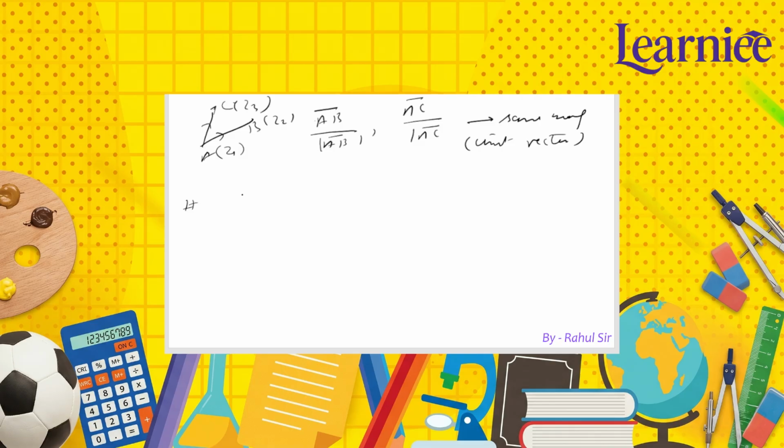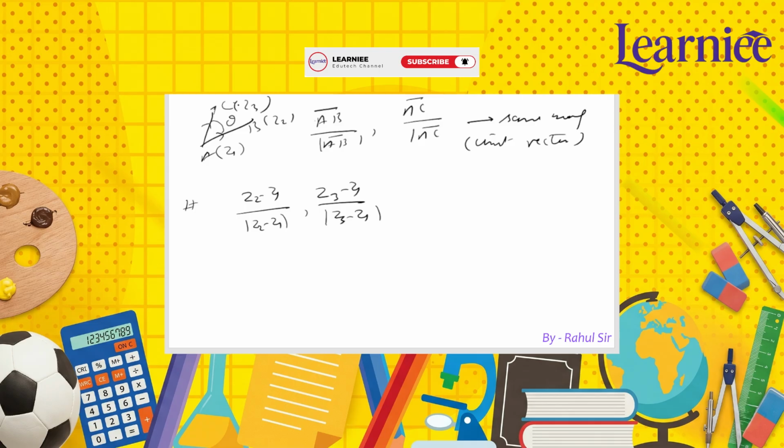If I say z2 minus z1 upon modulus of z2 minus z1, and z3 minus z1 upon modulus of z3 minus z1, these two complex numbers have the same modulus but not the same direction. How can we make them equal? We'll rotate AB. If we rotate AB by an angle, let's say theta, then we turn out to be AC. Magnitude is the same, but not direction.